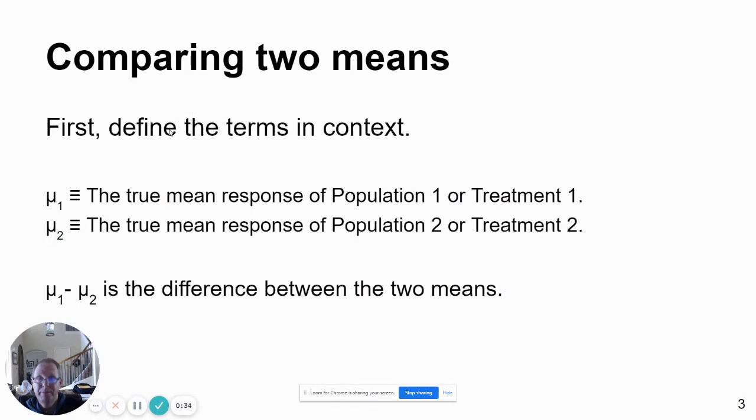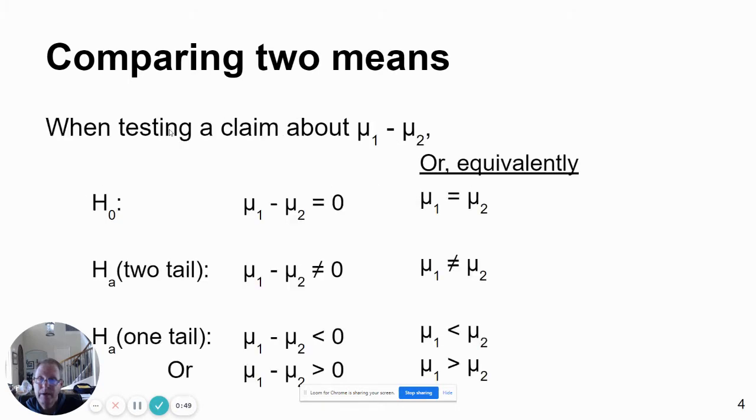Because we have two populations or two treatments, you will have to define two parameters, regardless of whether you're calculating a confidence interval or a test statistic. Mu1 minus mu2 is the difference between the two means. If you're doing a t-test, then we expect you to write out the null and alternative hypotheses.